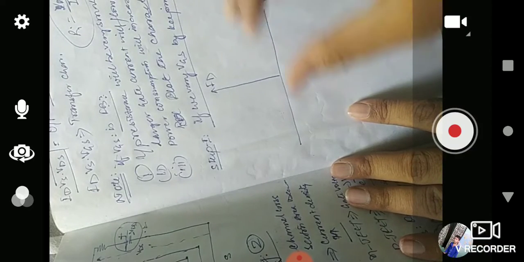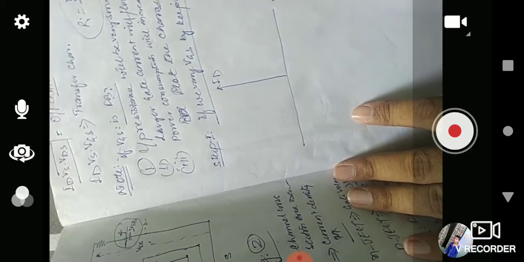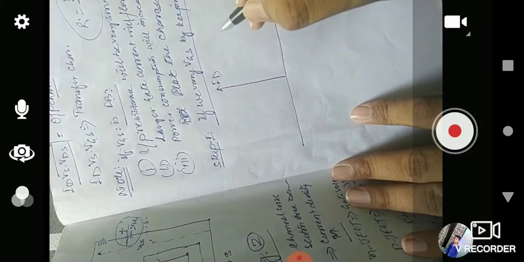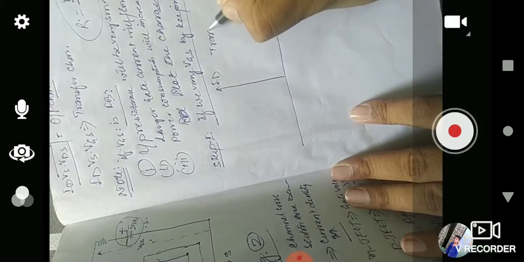In this way, by applying step 1, we will get the transfer characteristics. So simply we can denote it here: ID versus VGS when VDS is constant.